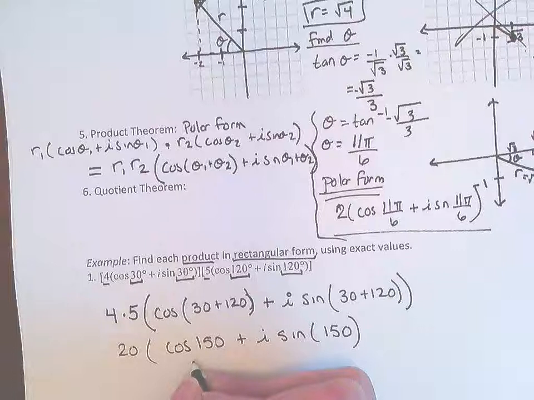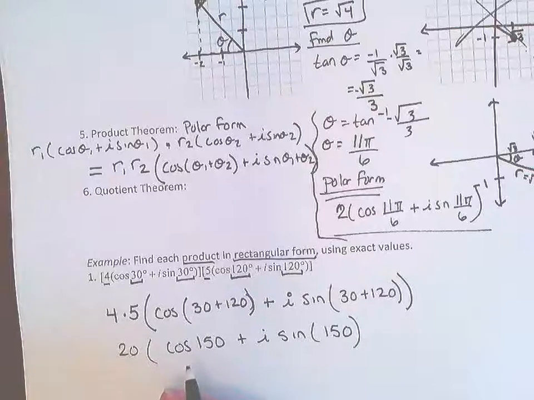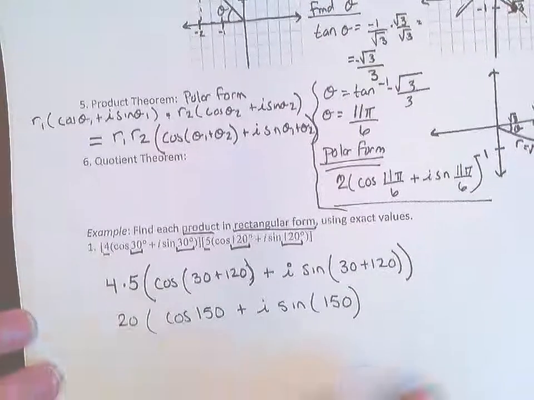So cosine of 150 and sine of 150 is 1/2, cosine of 150 is negative square root of 3 over 2.